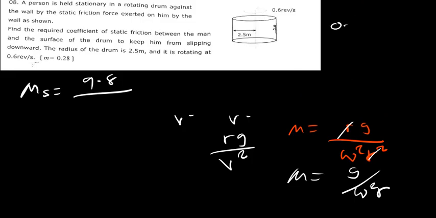So 0.6 revolution per second, we do it like this: revolution over 1 second times, in one revolution, how many rad do we have? 2 pi. Revolution and revolution will cancel. So 2 pi times 0.6, that gives me 3.77.